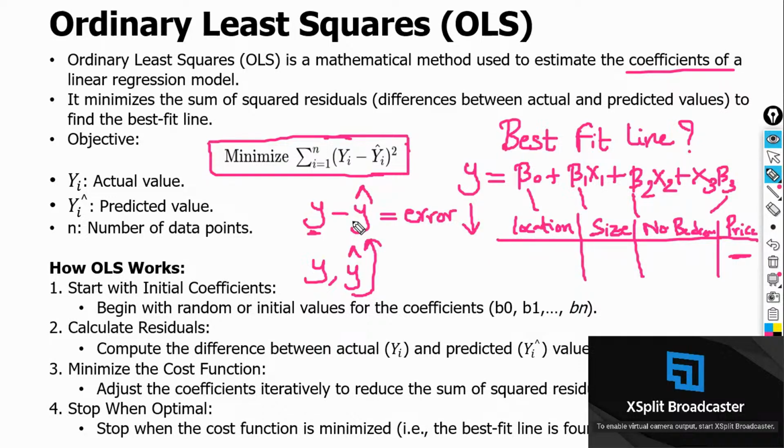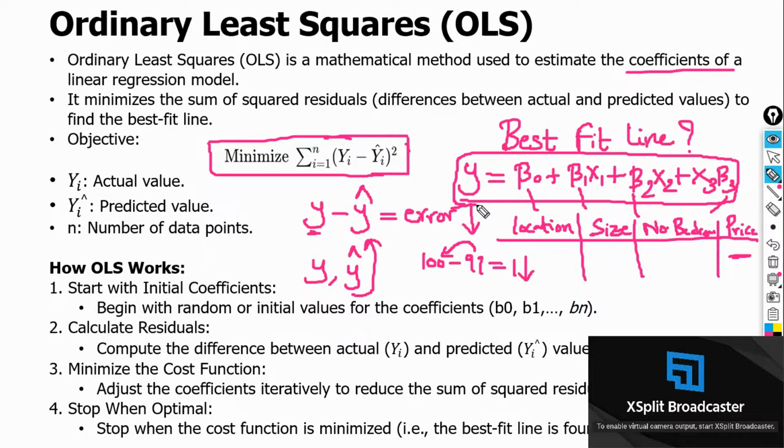But for example, if my actual is 100 and my predicted value is 99, what is the error? 1. So it is very less. That is the reason our predicted value is close to actual. So in this way, the main objective of the OLS technique is to minimize the error for all the observations, so that you are going to get the best fit line.